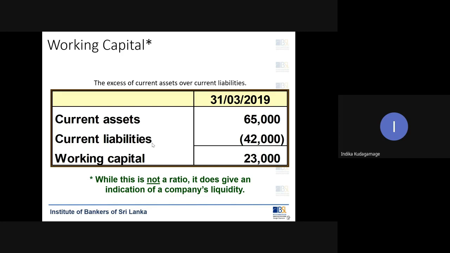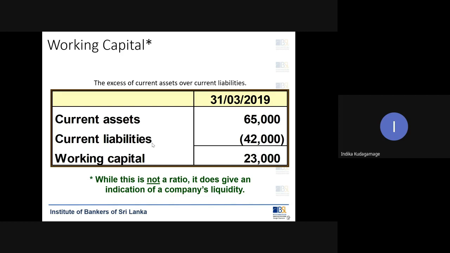Current assets minus current liabilities means the part of the current assets which has been financed by long-term funding. That means you don't have a hurry to repay that part. So you have liquidity. You have enough time to repay that.